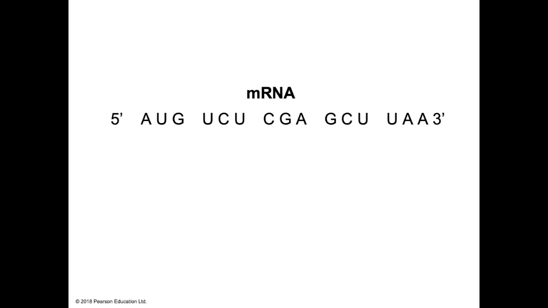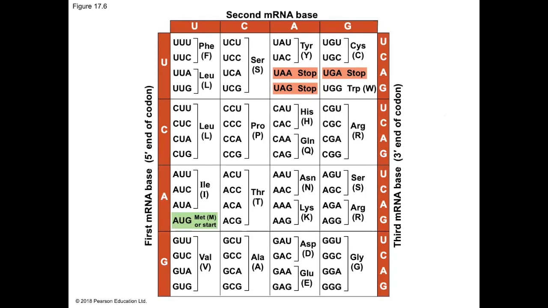For example, in the first codon, which is AUG, you look at the genetic code. On the left side of the genetic code, you have the first mRNA base, which is A. At the top of the genetic code, we have the second mRNA base, U, and then the third mRNA base, which is G. So you have the amino acid methionine.